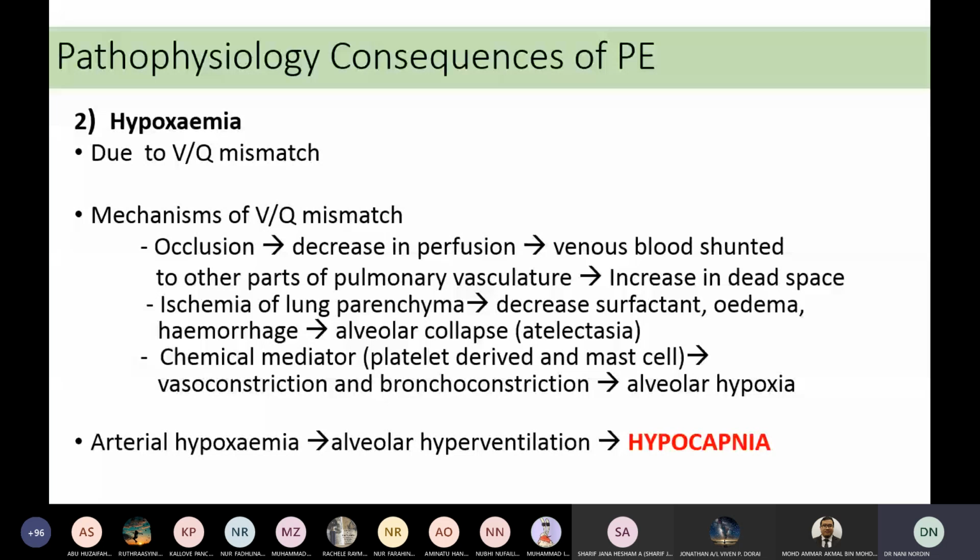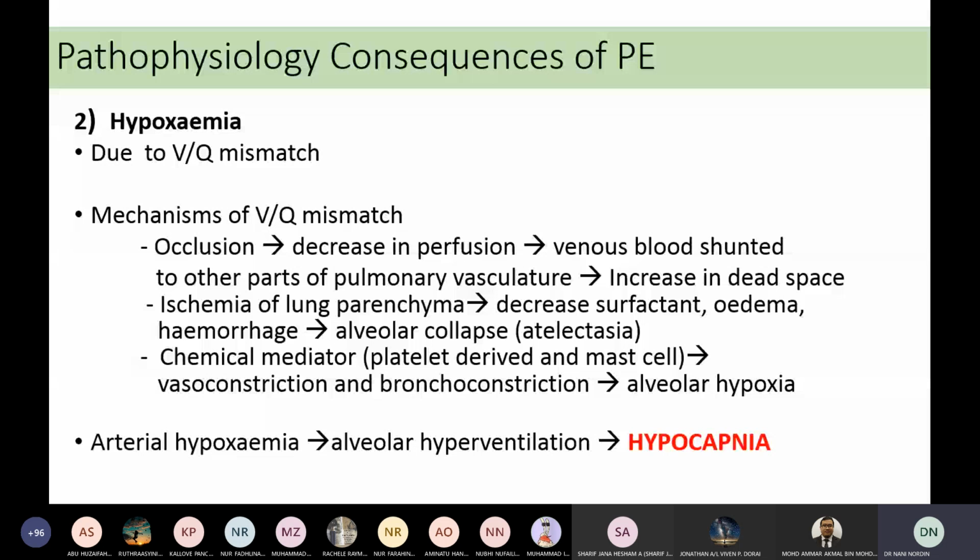We also mentioned earlier there is a release of mediators because of this thrombus. So you have vasoconstriction and bronchoconstriction, which will lead to alveolar hypoxia. So all in all, this will lead to hypoxemia.